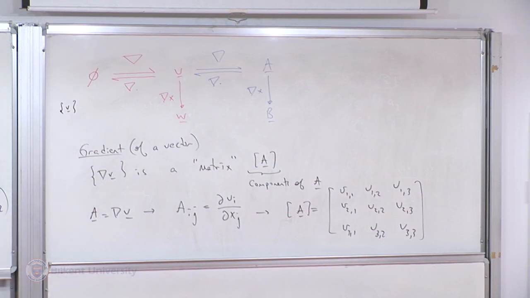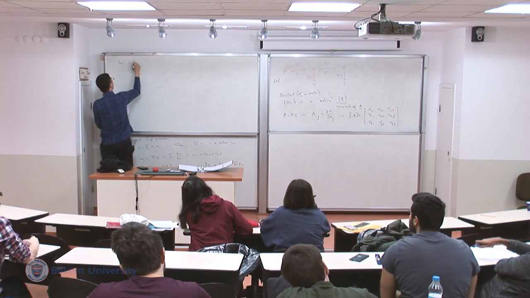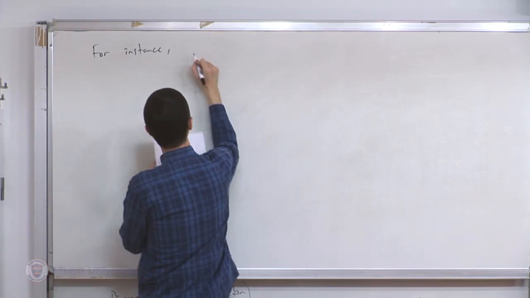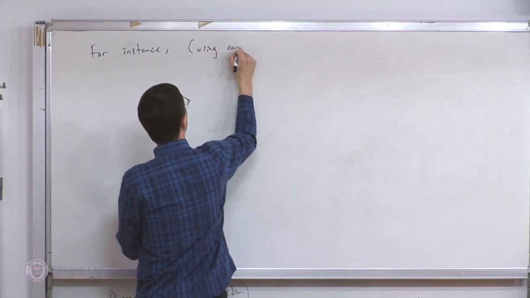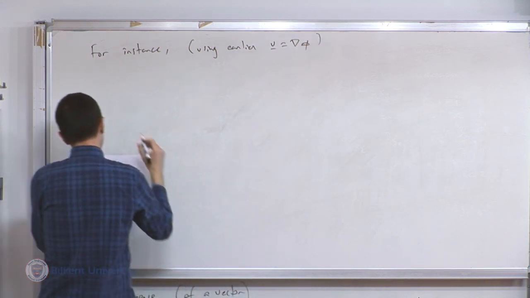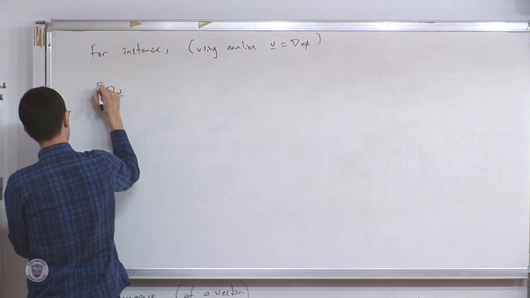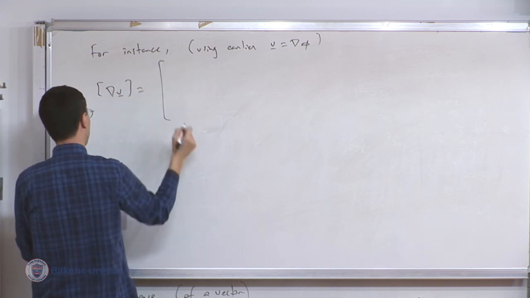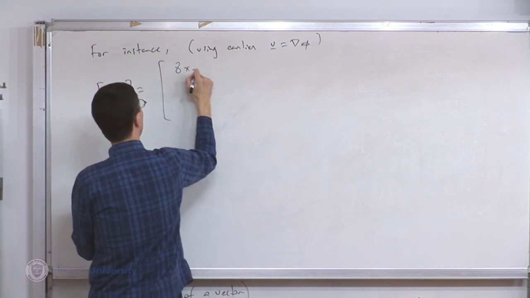Let's keep that here, so we have the expression, and I erase something, for instance, this. And I have my favorite v, which was the gradient of phi. So I will give an example of the gradient of a vector using the earlier v, grad phi. I erased it, so I'll just write the result here, and you can go ahead and check this at home.